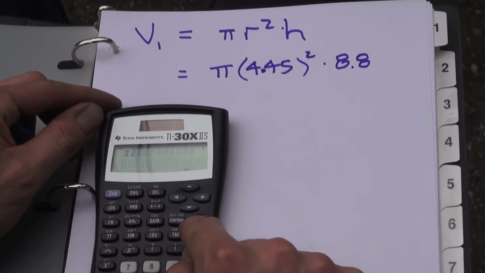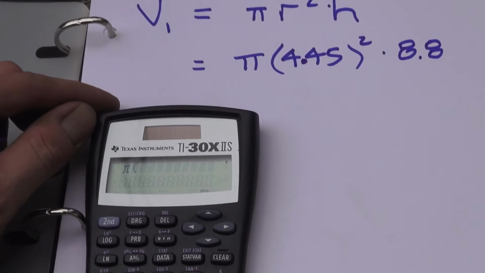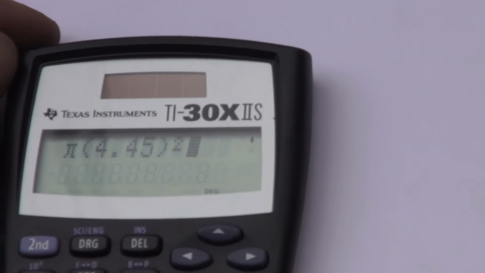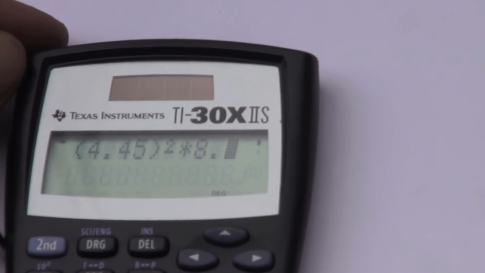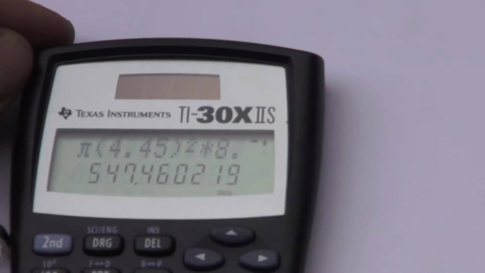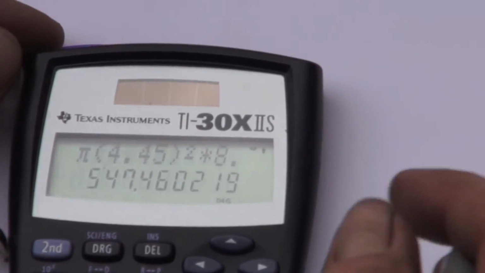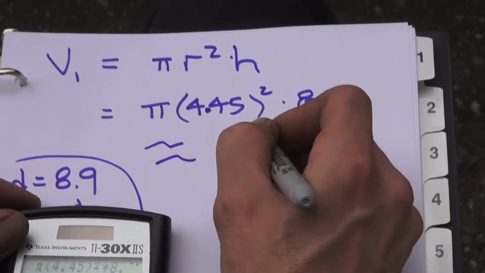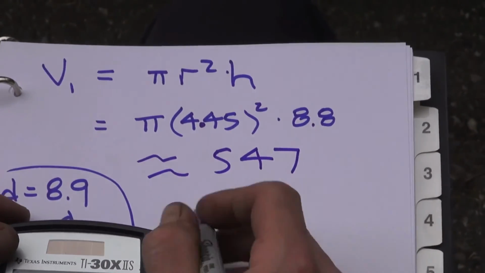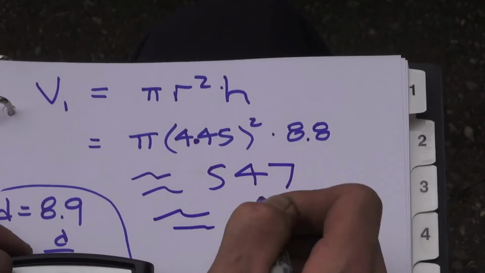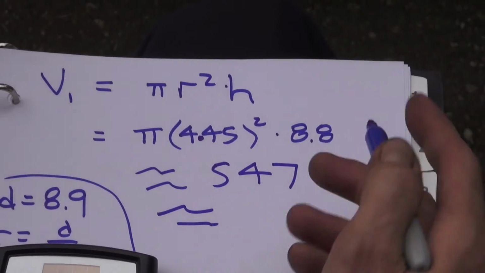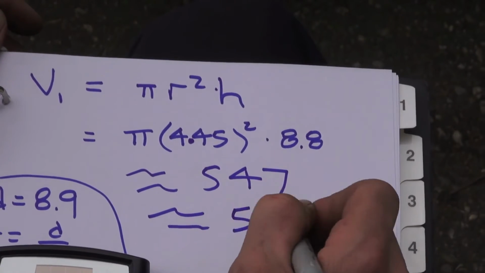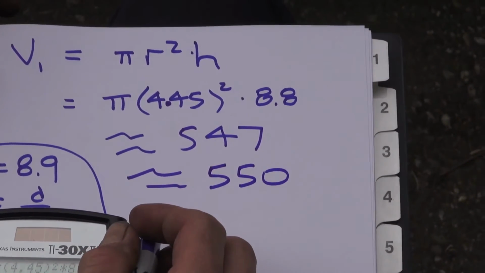Now, on this calculator, you can actually punch it in exactly like that. 4.45 squared times 8.8. Now, roughly 547. These numbers were the best I could do measuring, so you could think about this as about 550.